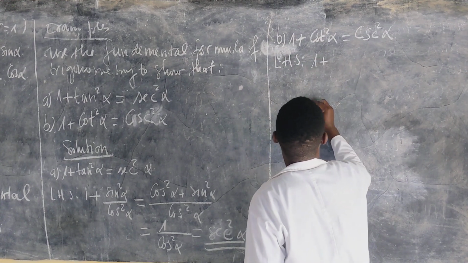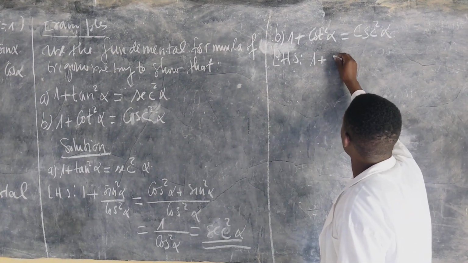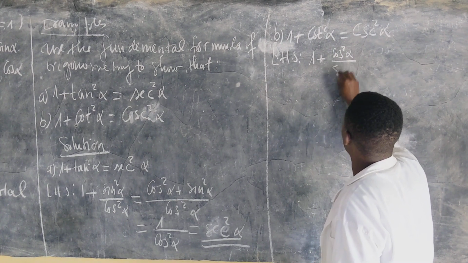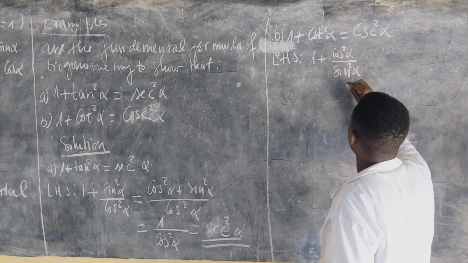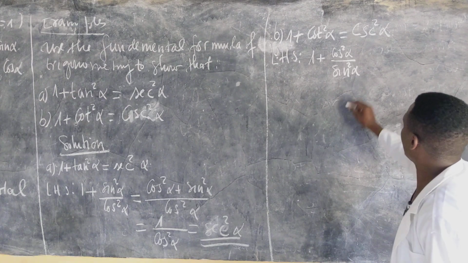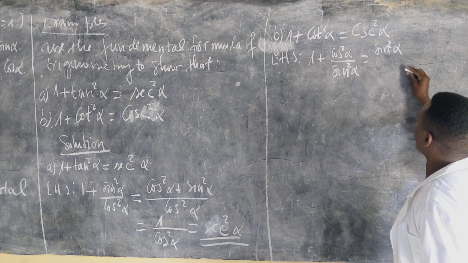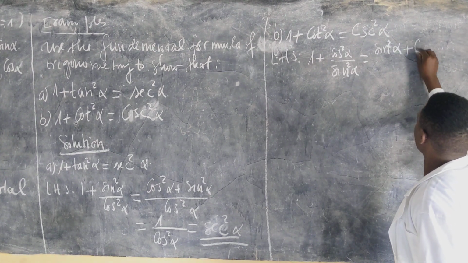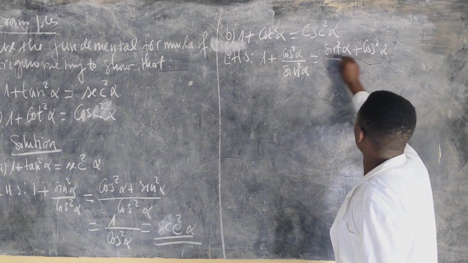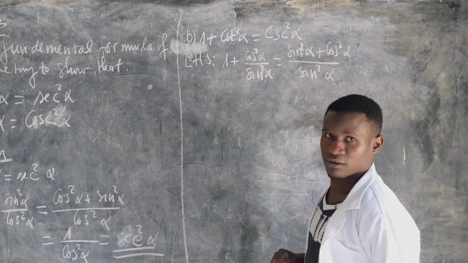we have 1 plus cotan, which is cosine over sine. We have cosine square of an angle alpha divided by sine square of an angle alpha. By putting on the common denominator, we can get sine square of an angle alpha plus cos square of an angle alpha divided by sine square of an angle alpha.